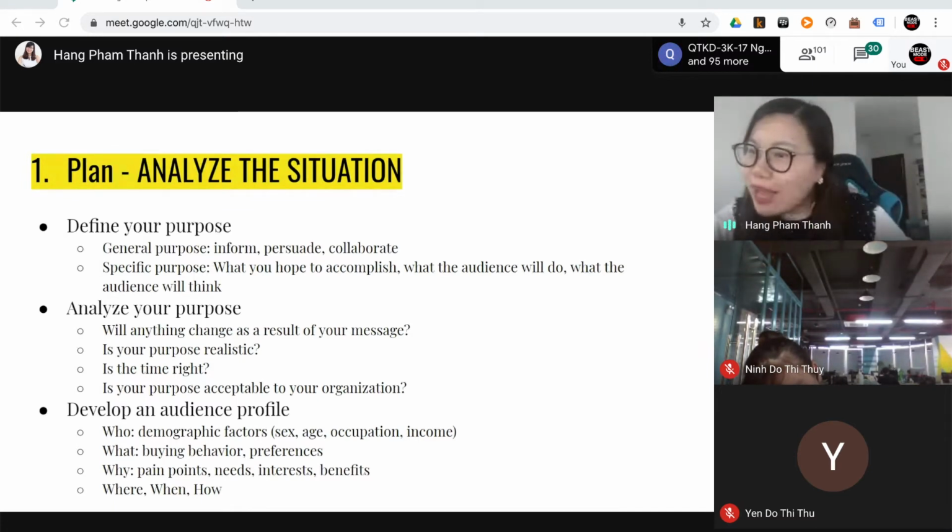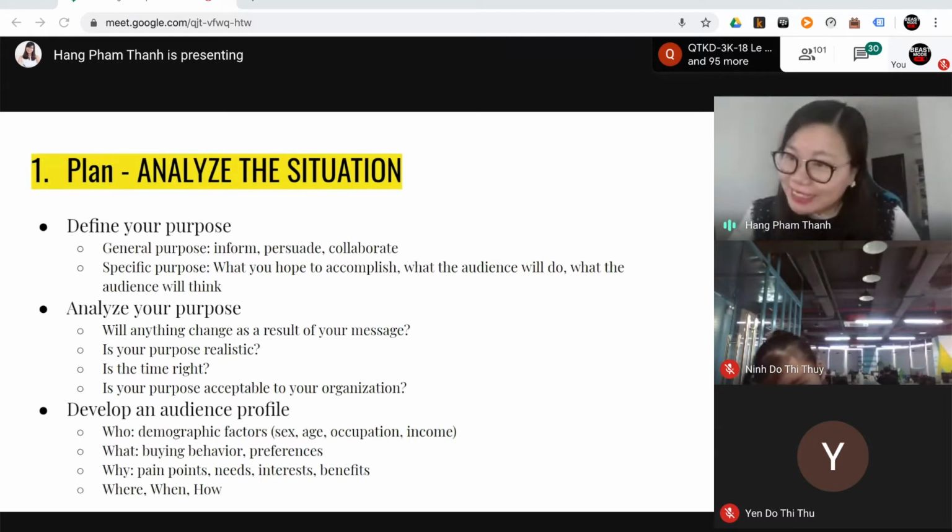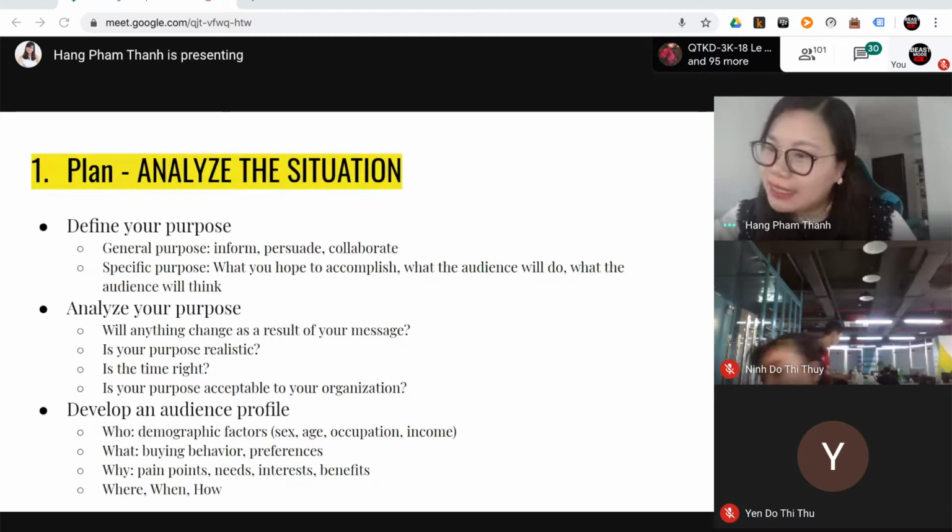And I also like your ideas of visualizing and using visual aids for the message, but I want you to give me some examples of how you will visualize your message, adding visual aids to the message.